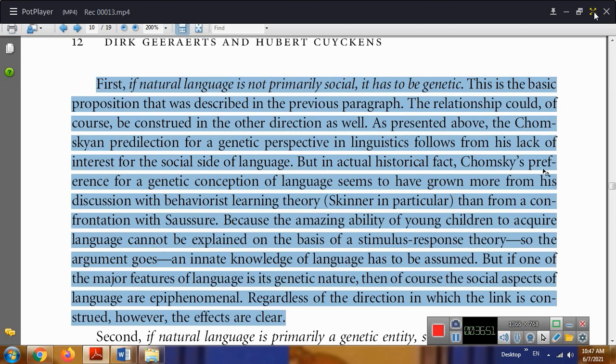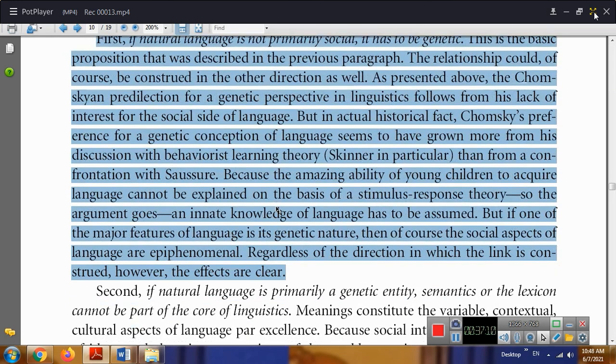But in actual historical fact, Chomsky's preference for a genetic conception of language seems to have grown more from his discussion with the behaviorist learning theory, in particular Skinner, than from a confrontation with Saussure, because the amazing ability of young children to acquire language cannot be explained on the basis of a stimulus-response theory. So the argument goes, an innate knowledge of the language has to be assumed.